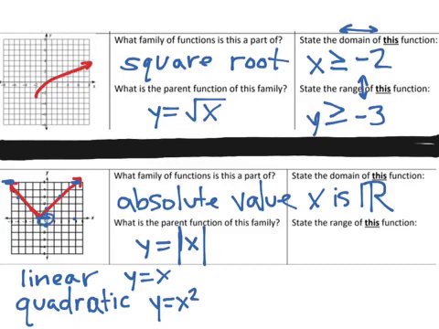So when we write our range, which is always in terms of y, it is going to be related to 0, and we want all of this stuff. Now all of those numbers are more than 0. So we're going to use the symbol for greater than or equal to, because it can be 0. We do have 1 point at 0.